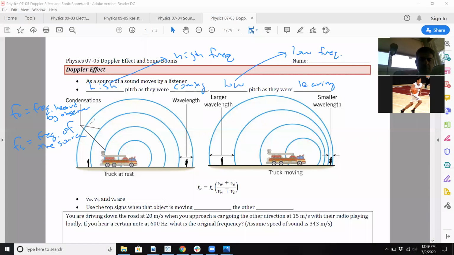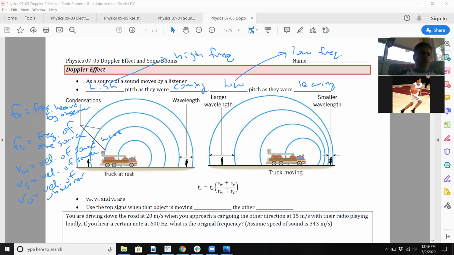Good, looks like we're still recording. VW is the velocity of your sound wave. Vs is velocity of the source. And VO is the velocity of the observer, of how fast you're traveling. Or if you're at rest, then of course, that'd be 0.